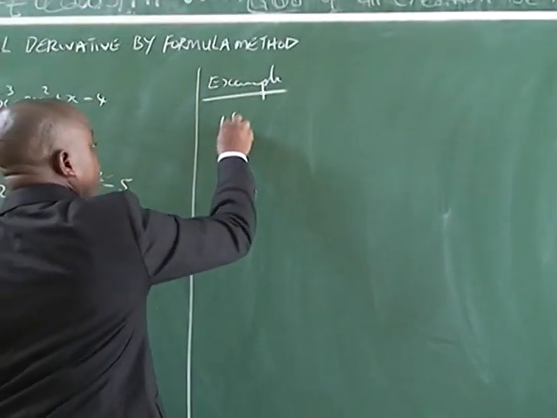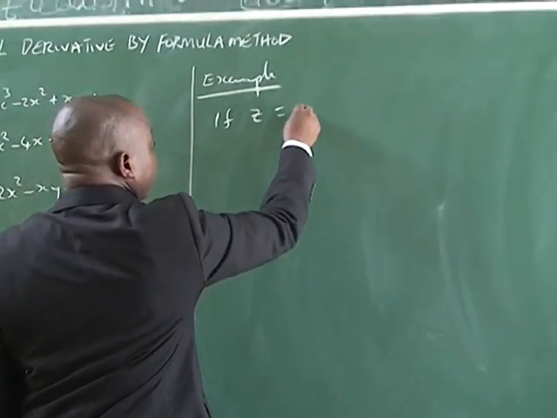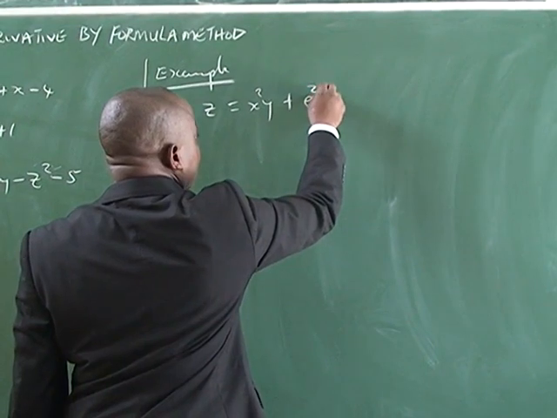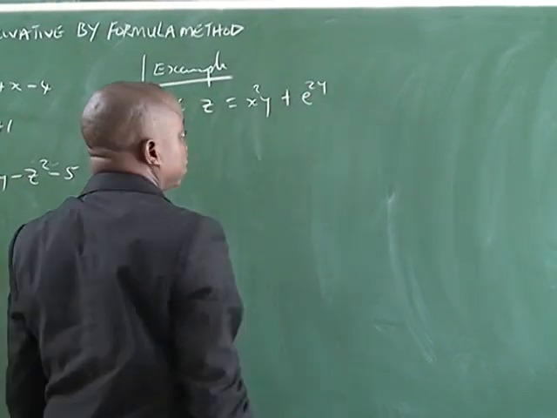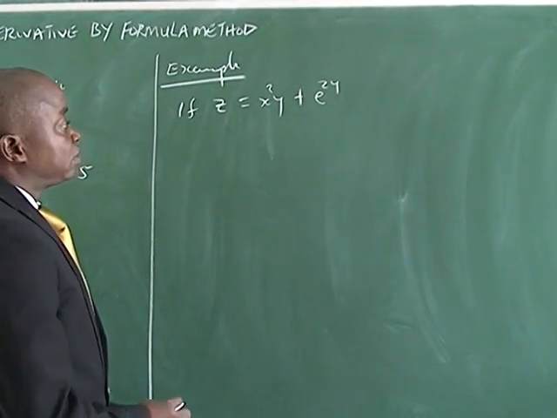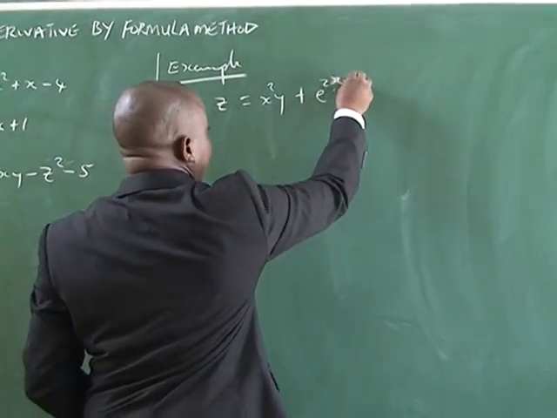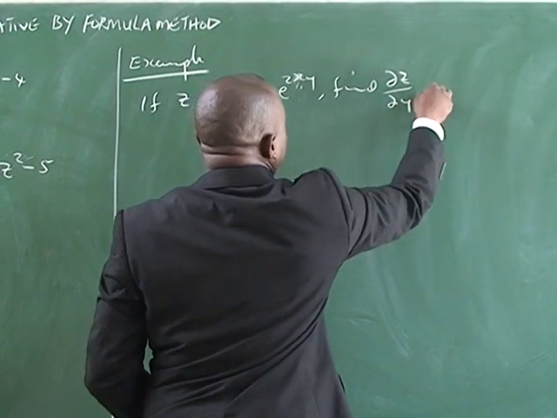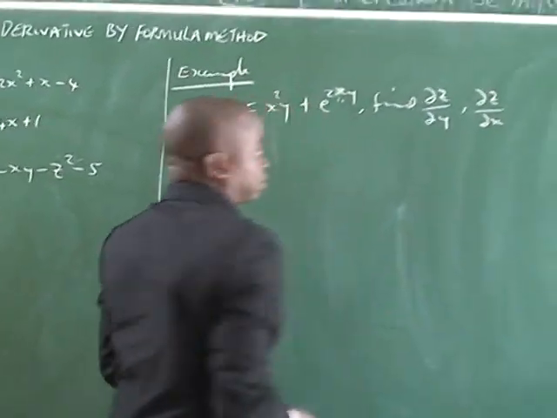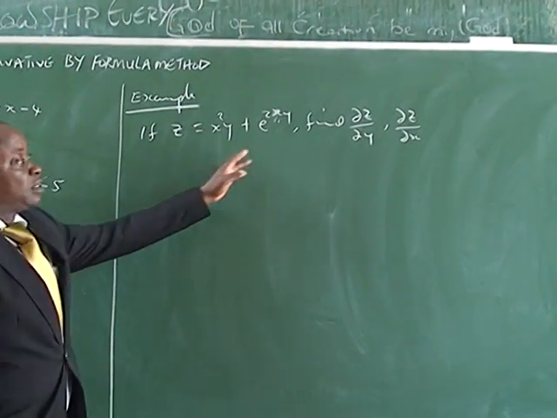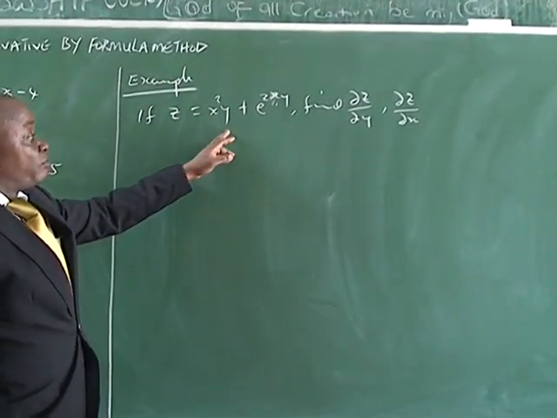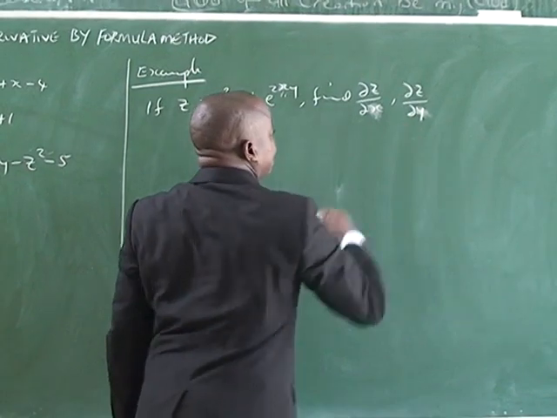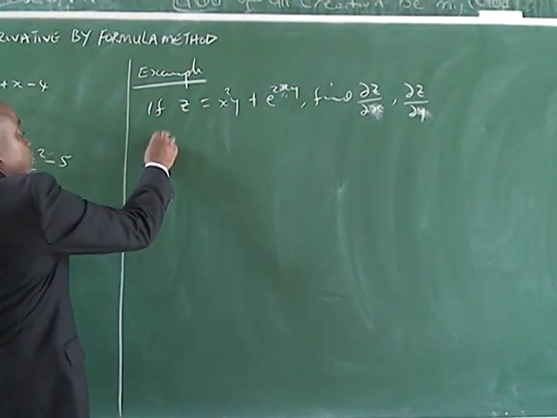Now, if z is equal to x squared y plus exponential 2xy, this simple one, we are going to find partial z, partial x, and partial z, partial y. Alright, so the solution will be in this way.